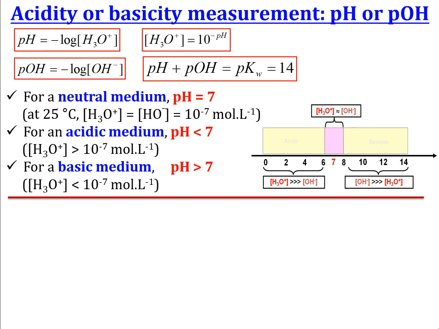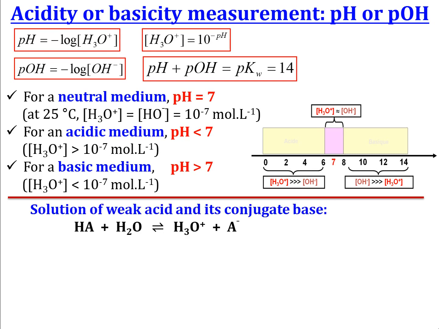And as we said, if a substance is predominant over another substance, it should be greater by at least 10 times. So we have two ways to express: less than 7 acidic, greater than 7 basic, equal 7 neutral, or from 0 to 6 acidic, from 6 to 7 slightly acidic, from 7 to 8 slightly basic, from 8 to 14 basic.